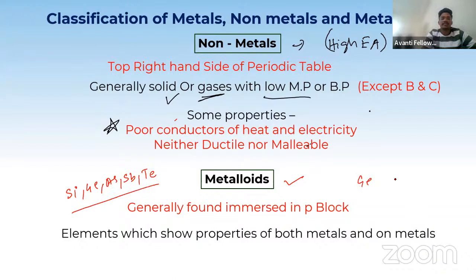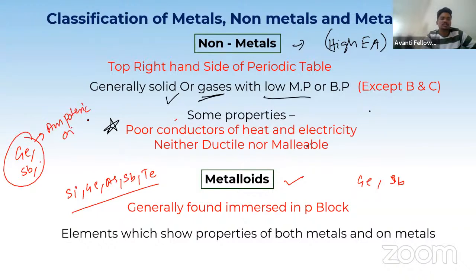Germanium and antimony, listen, these both are going to form amphoteric oxides. These elements can act as both metals and non-metals, but these two only form amphoteric oxides.